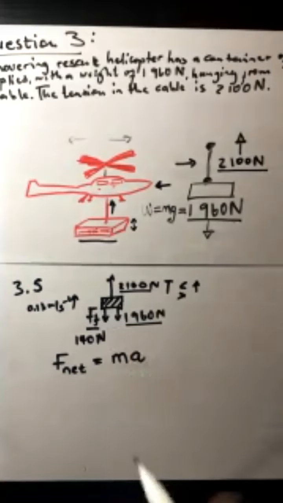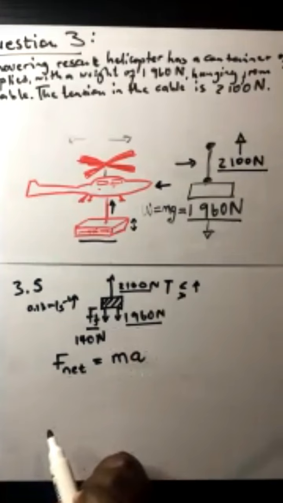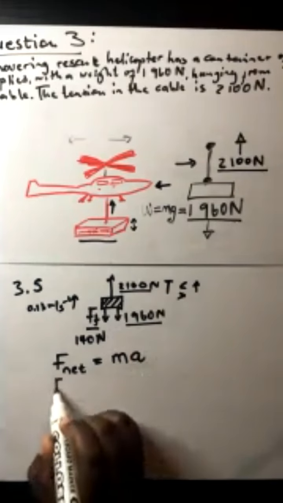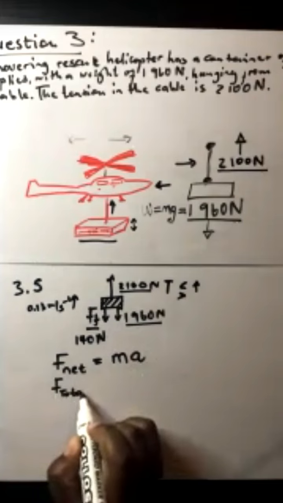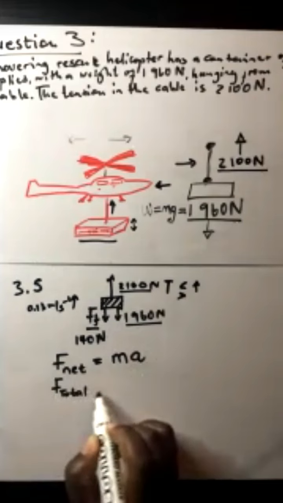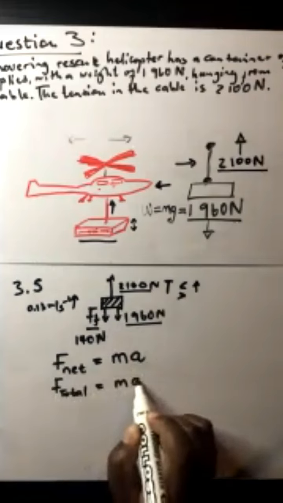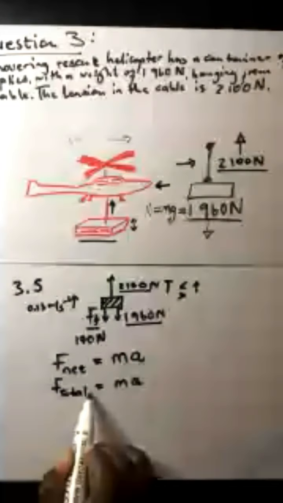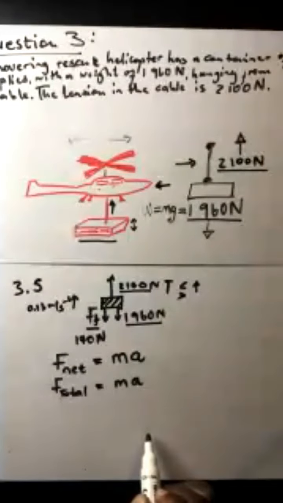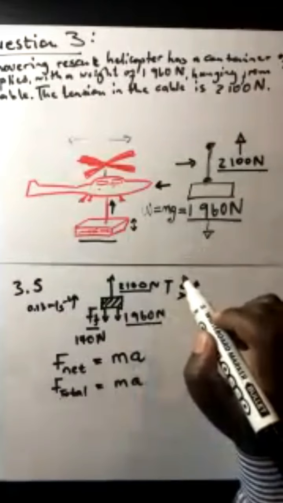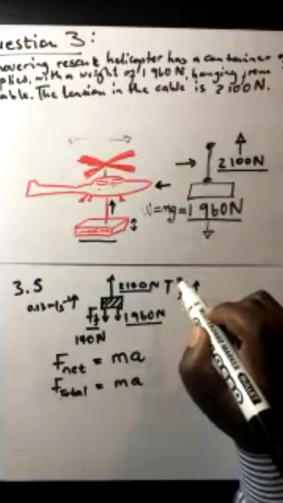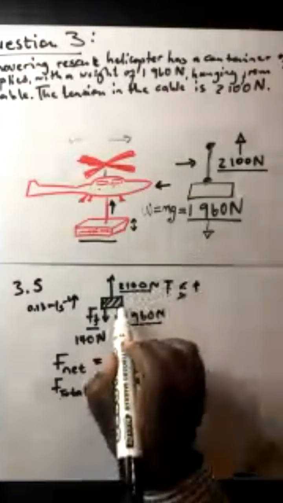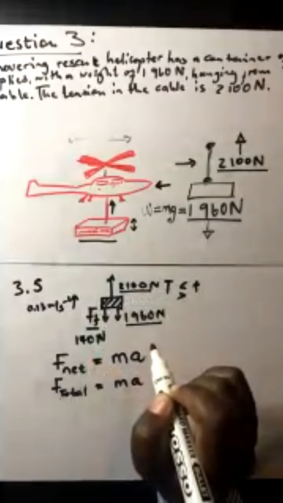So what does F net mean? F net means force total. This is still the same as ma. What does force total mean? It means all the forces acting on a particular object, of which in this case the object is the container.